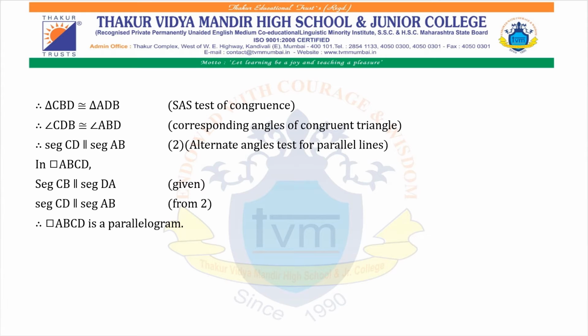Therefore, angle CDB is congruent to angle ABD, corresponding angles of congruent triangles. Therefore, seg CD is parallel to seg AB, alternate angles test for parallel lines. In quadrilateral ABCD, seg CB is parallel to seg DA, that is given, and seg CD is parallel to seg AB from the second statement. Therefore, quadrilateral ABCD is a parallelogram.